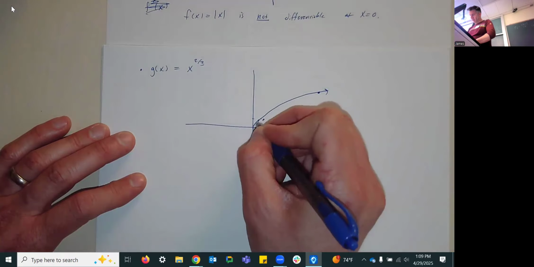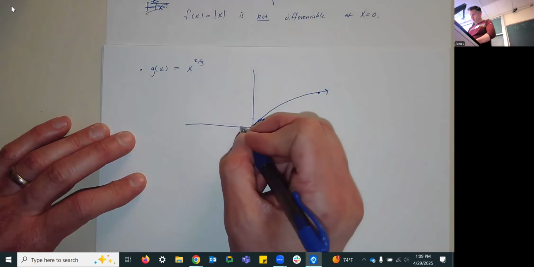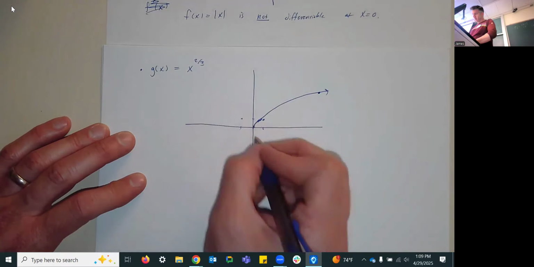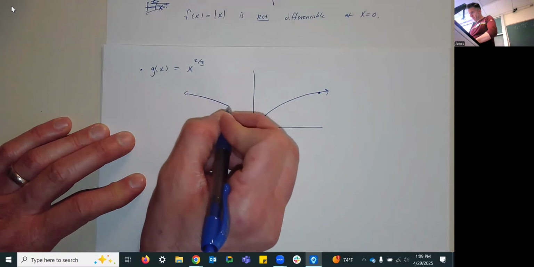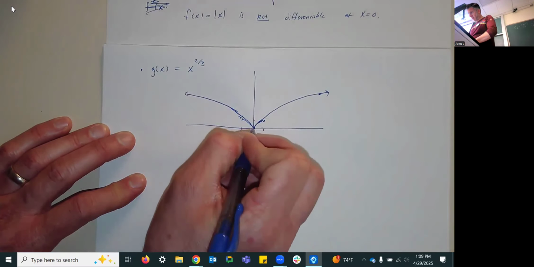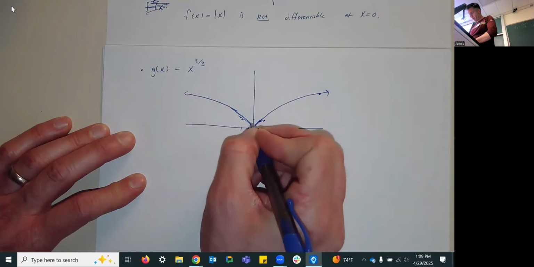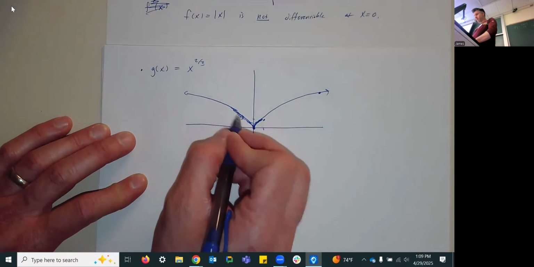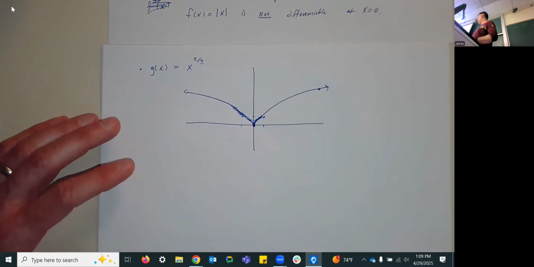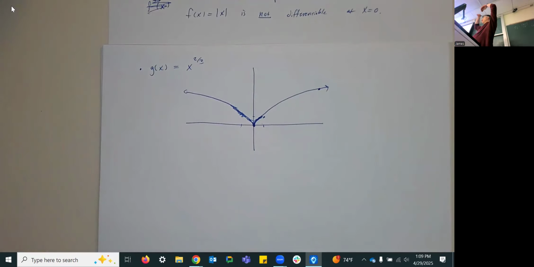On the left-hand side, -1, 1, -8, 4. And at the origin, it's again super duper funky, right? It's pointy. It's not differentiable there.